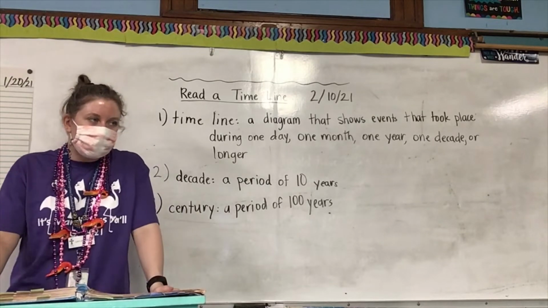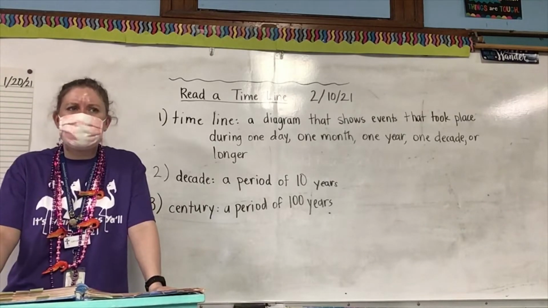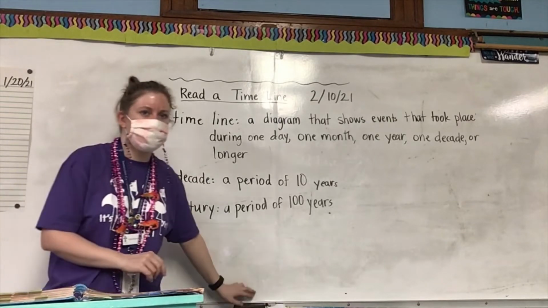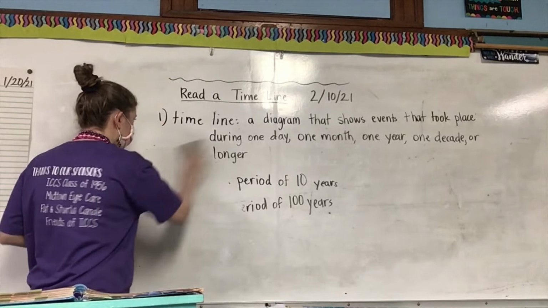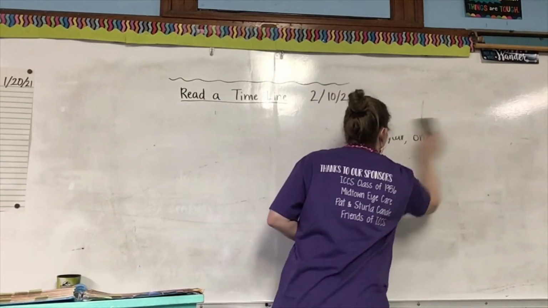So, this is where it gets a little confusing because it says the 17th century. I'm going to erase this. You don't have to write this, but I want you to see what I'm saying.